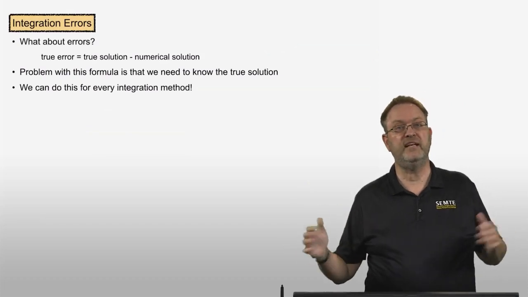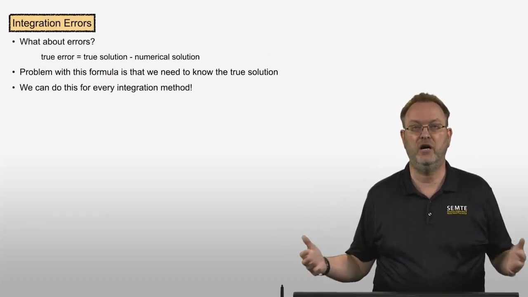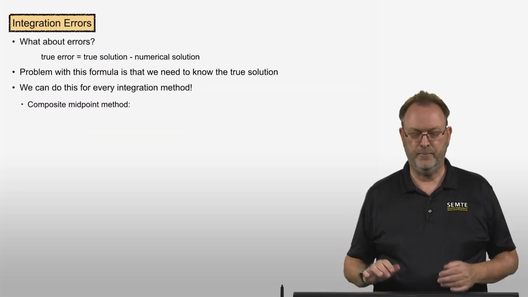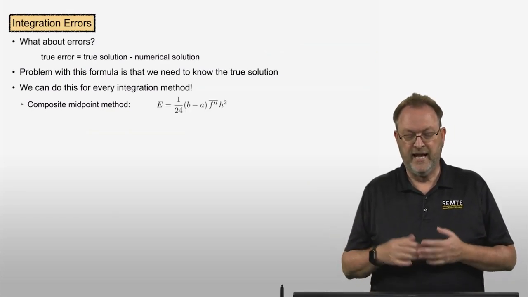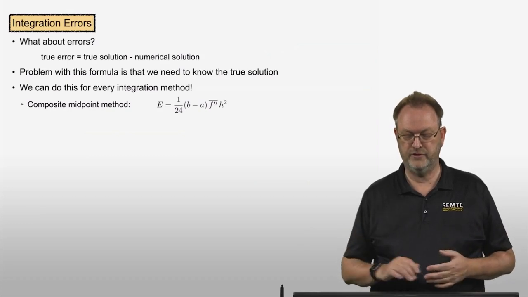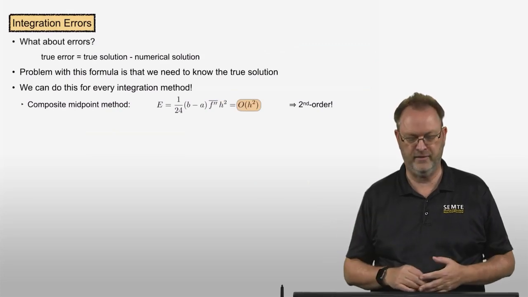Now, we can do this analysis for each one of the integration methods. So, for example, the composite midpoint method has the following form of the error. It's proportional to h squared. So it's a second order method.